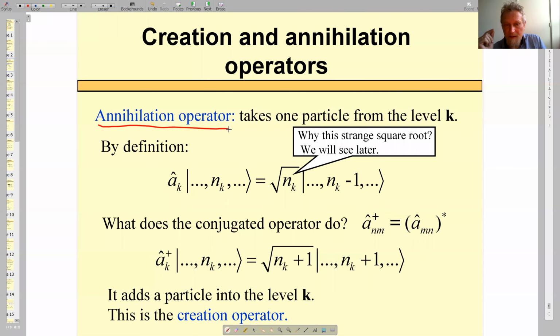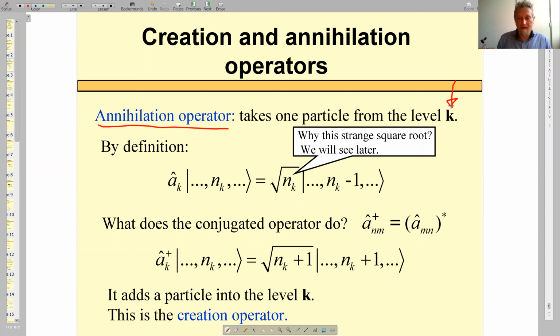If there is a particle, at least one particle, at the level k, it takes it away. Formally, you jump from one basis vector to another basis vector because you change the set of integer numbers which characterizes the basis vector.